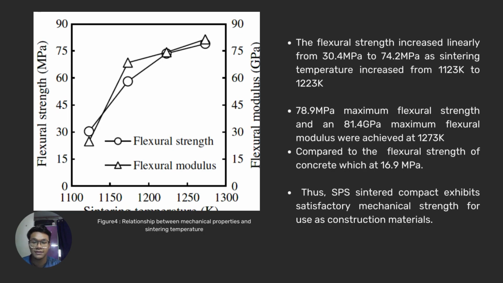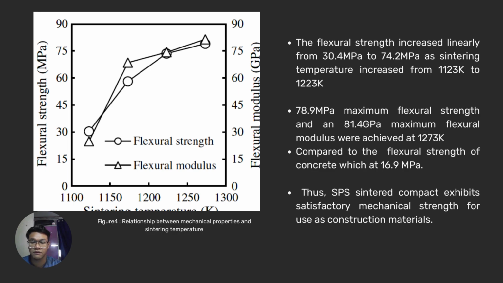As we can see here, the flexural strength increased linearly from 30.4 megapascal to 74.2 megapascal as sintering temperature increased from 1123 Kelvin to 1223 Kelvin. The flexural strength is represented by the circle ones, and the flexural modulus is represented by the triangle ones.